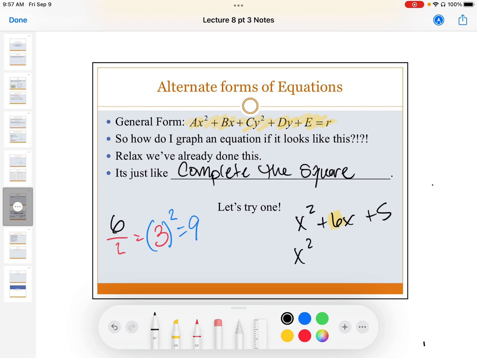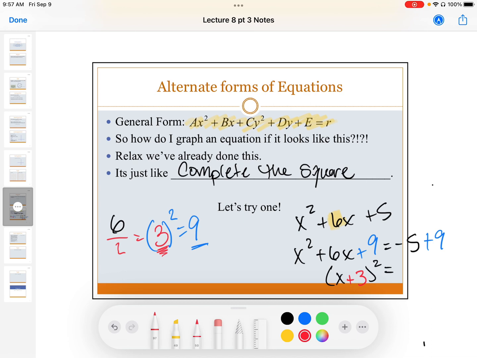Okay, so I'd have x squared plus 6x equals negative 5 because we moved that over to the other side. 9 is our magic number, so we would be adding 9 to both sides of the equation. And then we essentially use that magic number to force this to factor into an x something squared. And then what went in that blank with the x? Well, that was our secret number. So we would have a plus 3 on the inside.